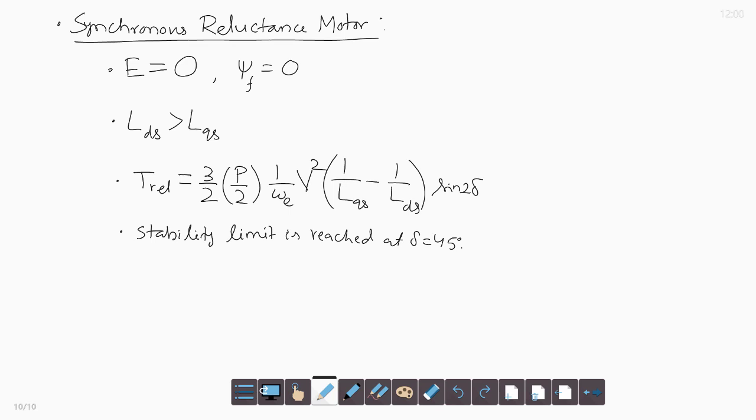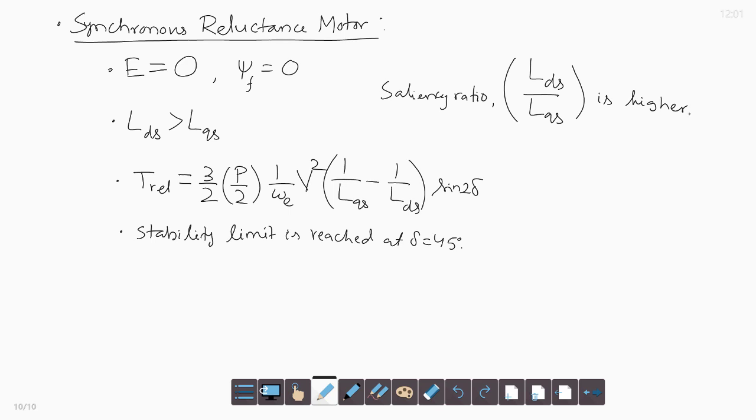Because of the difference between LDS and LQS, the torque is produced, and modern synchronous reluctance machines tend to make this ratio of LDS by LQS large. This is called the saliency ratio. The higher this ratio, the higher the torque. Saliency ratio is higher in modern machines.